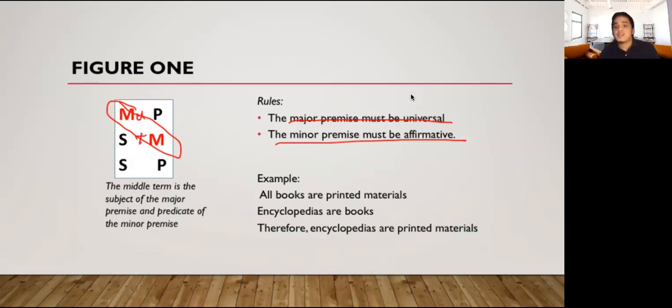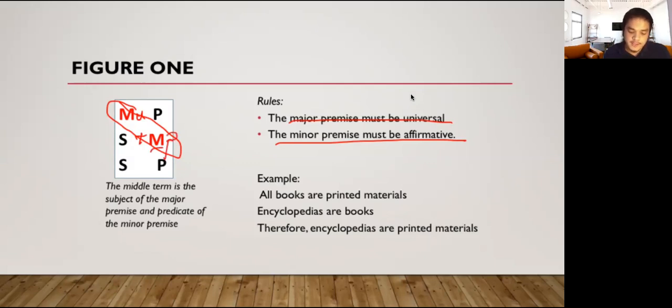Okay, the reason we follow this rule is that we want to avoid a certain fallacy that will violate the eight rules of syllogism. In this case, when you have a minor premise which is affirmative, necessarily your middle term in the minor premise becomes particular.